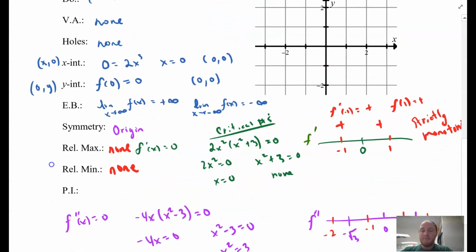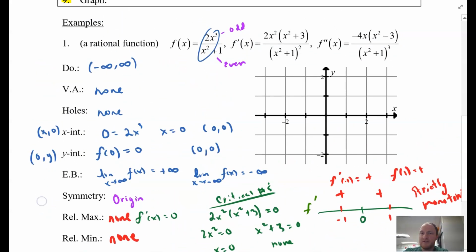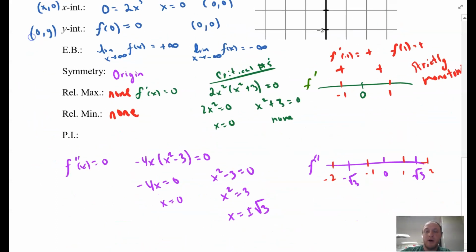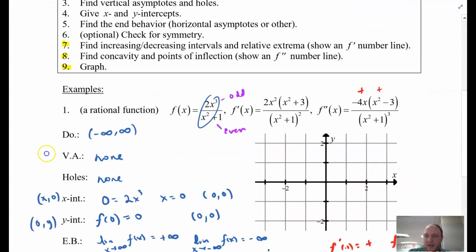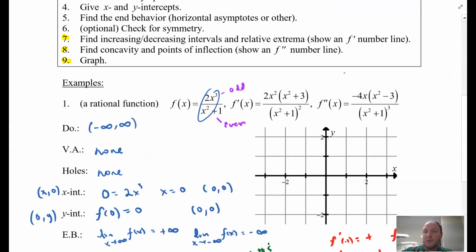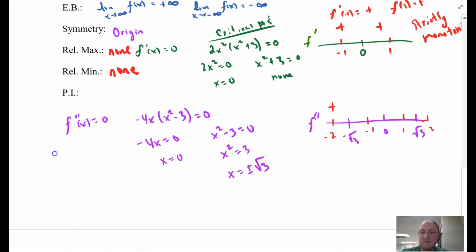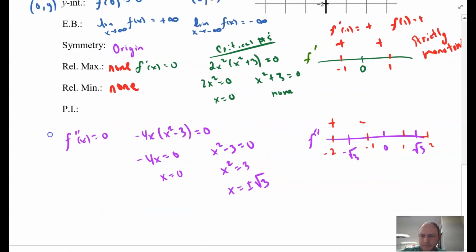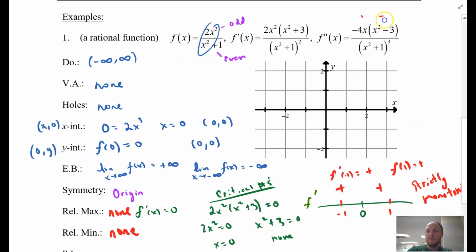Okay, and then I'll plug in -2. This gives me a positive. When I plug in -2 here, it's 4, so I get a +1. Okay, so that's positive, concave up. All right, then I'll do the same with -1. So when I plug in -1, this becomes positive, this becomes negative, so we have a negative. I'll plug in +1. This gives me a negative, and then in here I get a negative.